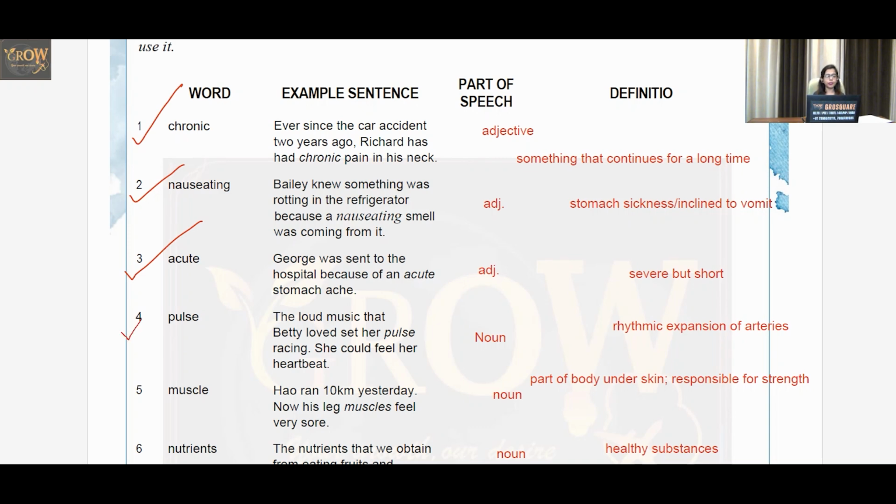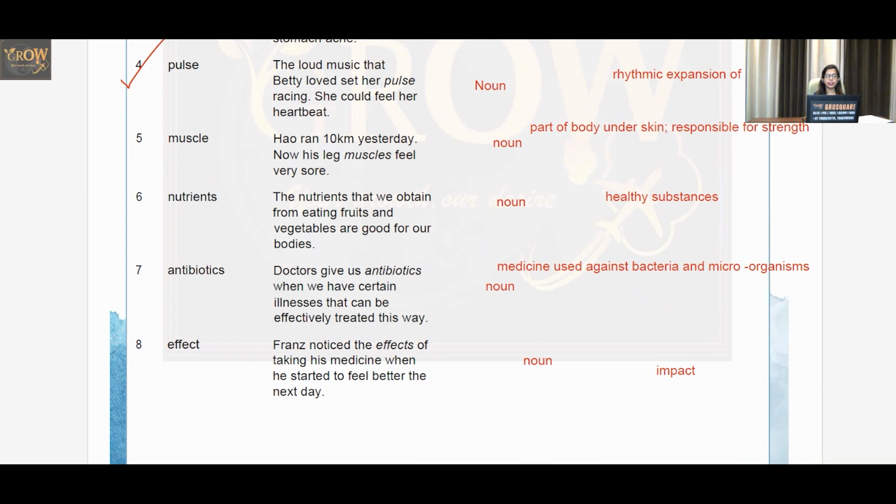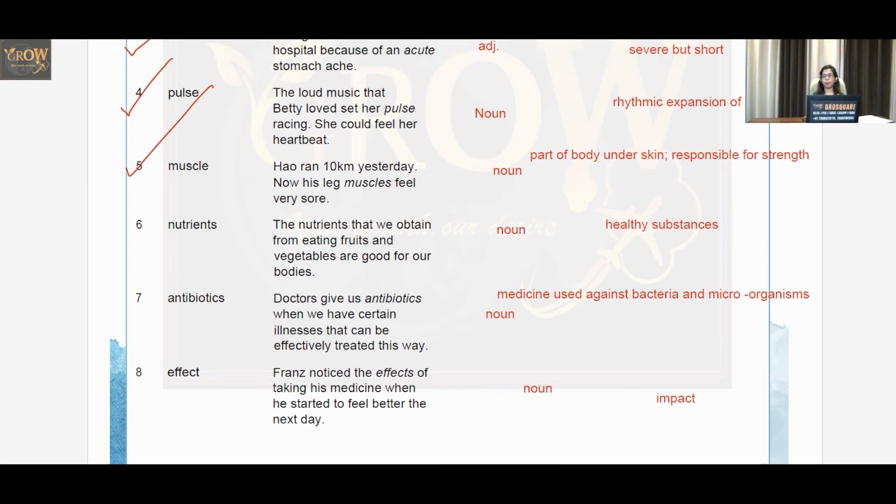Then fourth, pulse. Pulse is rhythmic expansion of arteries. Fifth, muscle. Muscles are basically part of the body under the skin and these are responsible for our strength. Sixth one, nutrients, which are healthy substances. Seventh is antibiotics, which means medicines that are used against bacteria and microorganisms.